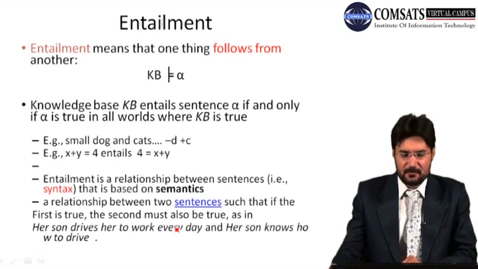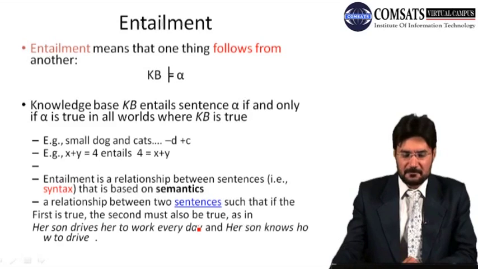Entailment means that one thing follows from another. So in this case, knowledge base, which is called KB, entails sentence alpha if and only if alpha is true in all worlds where KB is true, knowledge base is true.